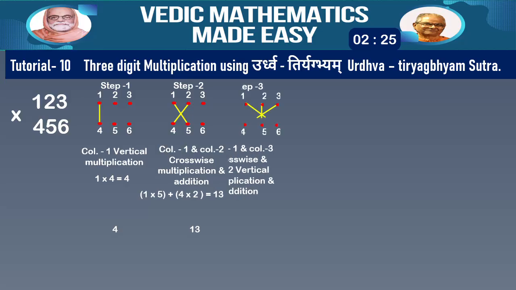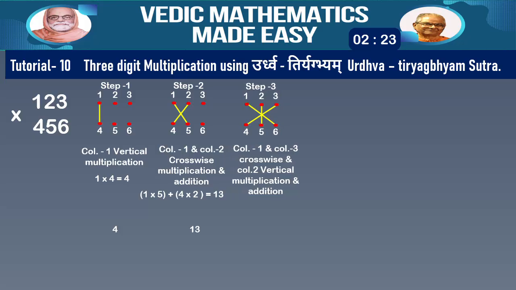Step 3 is column 1 and column 3 crosswise multiplication and column 2 vertical multiplication and addition. It gives 1 into 6 plus 4 into 3 plus 2 into 5 is equal to 28.